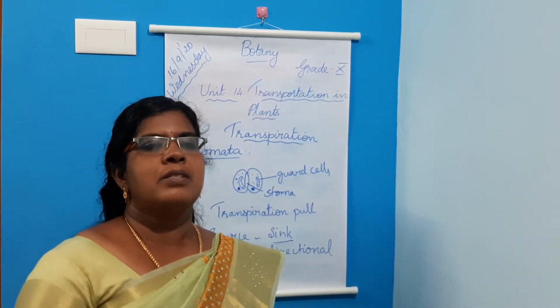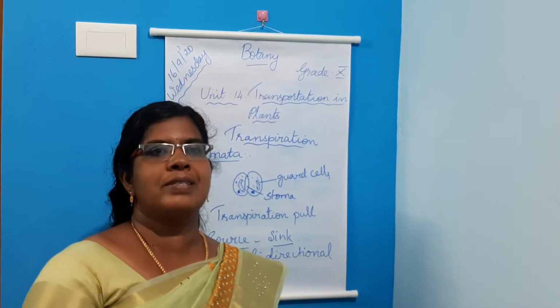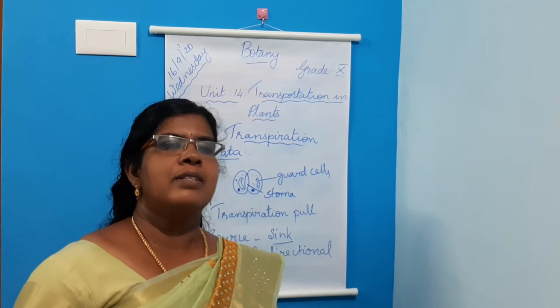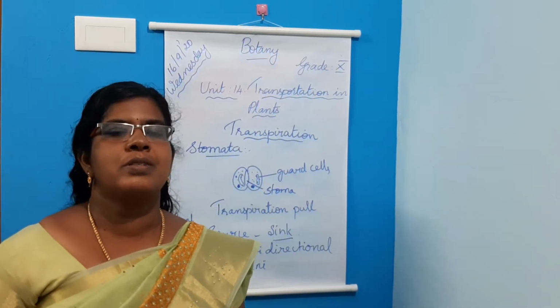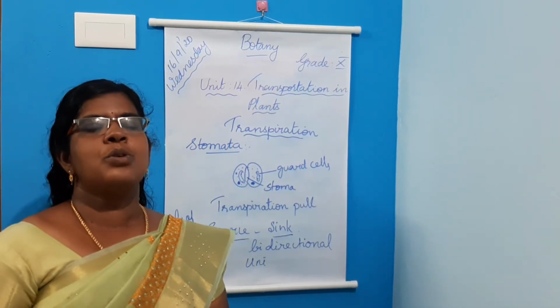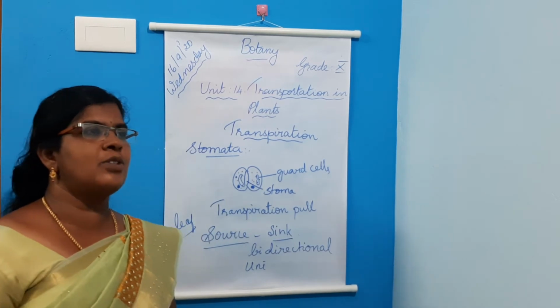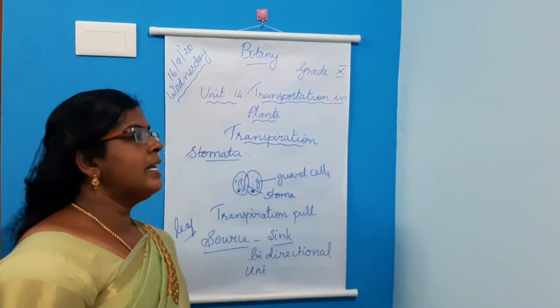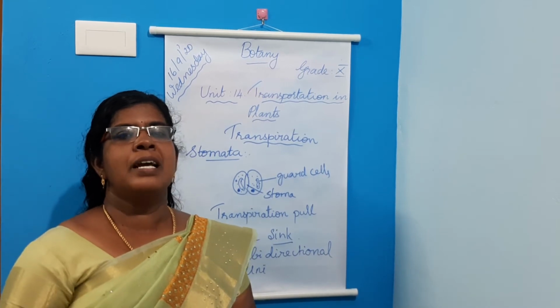The food prepared by the plant is glucose. When glucose is converted into sucrose, the sucrose moves through the companion cells. Phloem consists of sieve tubes and companion cells.